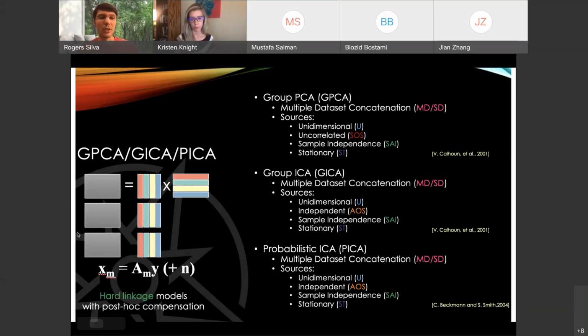For comparison, here is the group ICA model. In group ICA of fMRI, for example, each one of these gray squares would be the fMRI time series of a given subject, typically resting state, but not restricted to that.